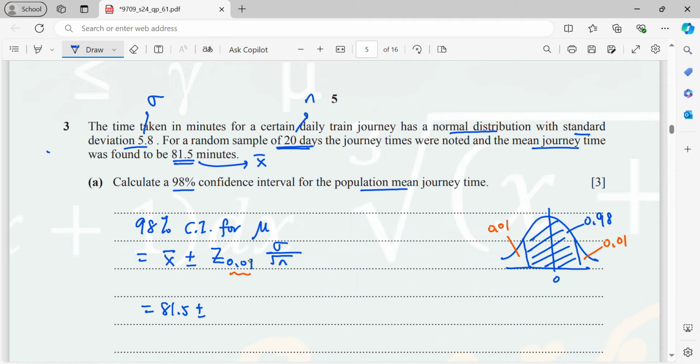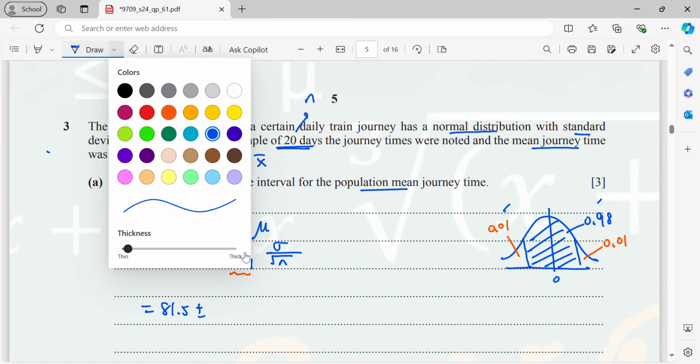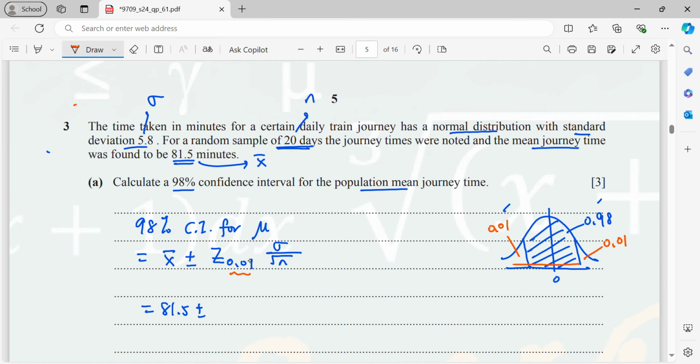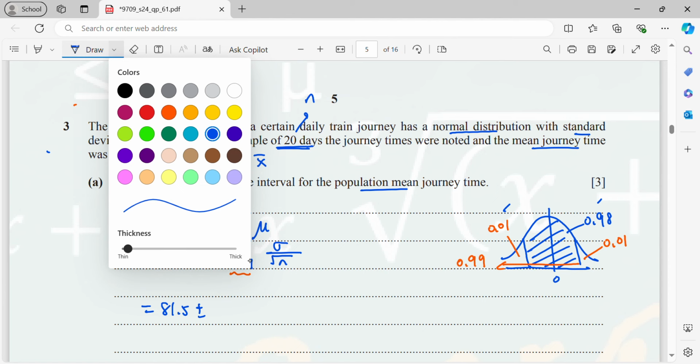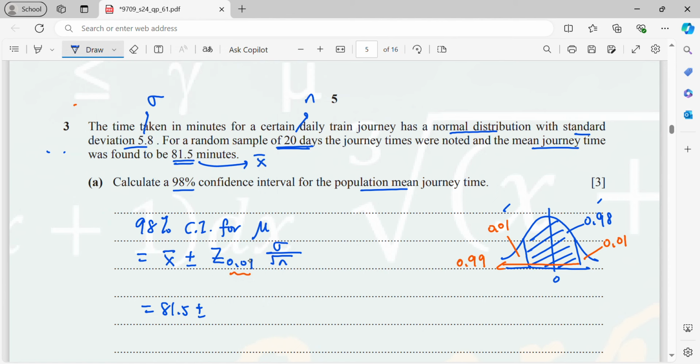Okay, so since these two sides together, it will be 0.99. Here total 0.99. That means now you read the table. When the probability is 0.99, the critical z value will be 2.326, and this is going to be negative 2.326.